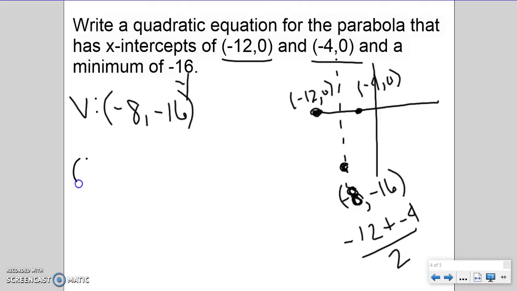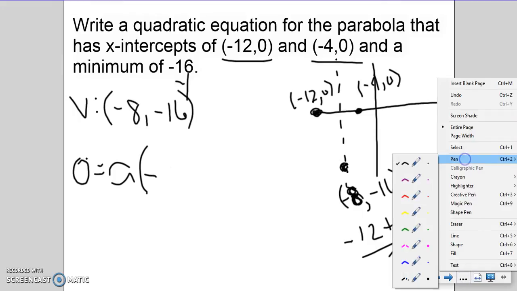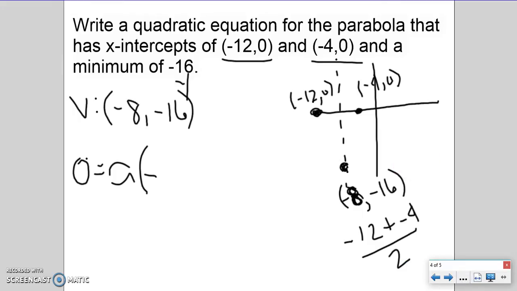So I'm going to say that my y value is 0, and that's going to be equal to whatever a is multiplied by negative 4, because that's my x value. And then I have negative 8 as the x value of my vertex, but I need to think of doing the opposite. So that's really going to be (x plus 8) squared minus 16.